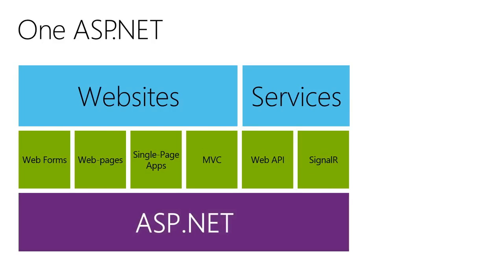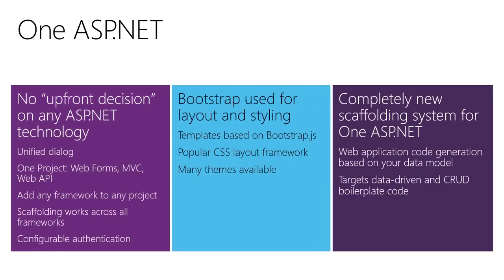So when you go to create a new project, and I'll demo this in a minute, instead of asking you whether you want to do MVC or web forms, it's just going to say, do you want a web application? You say yes, that's what I want to build, and then it's going to ask you a few questions about what type, whether you want MVC, and what kind of authentication you are going to use. Those types of things come into play with One ASP.NET, if you will. So again, no upfront decision about what you're going to use.